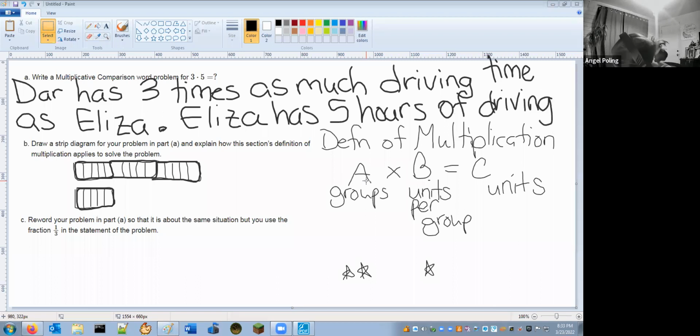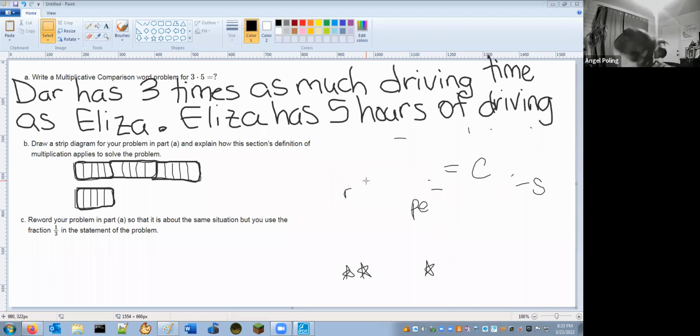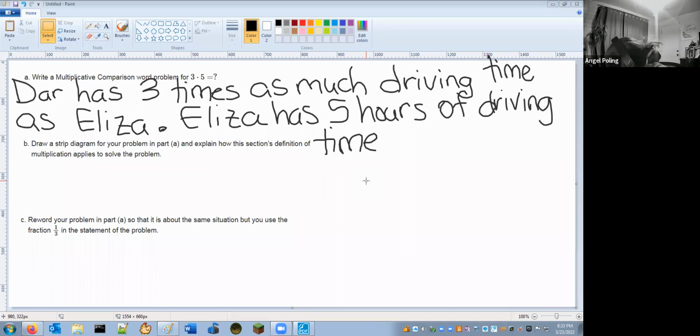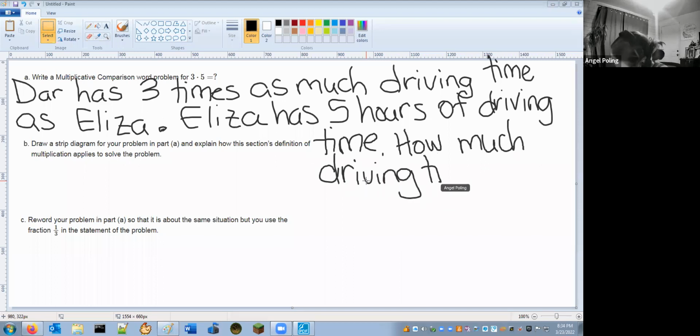Let's see. Already have run out of space. How much driving time does Dar have? Because you have to remember to actually ask the question.